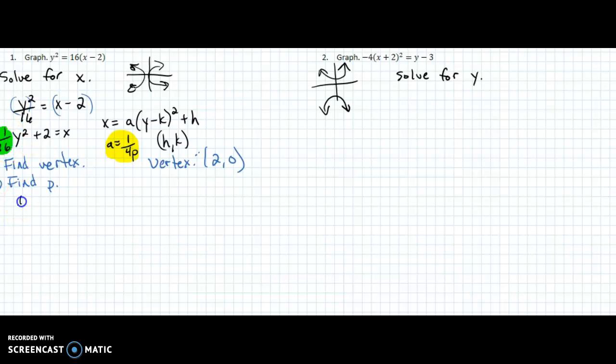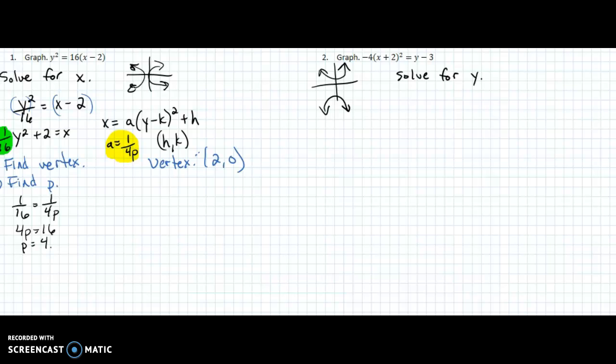So 1 over 16 is equal to 1 over 4p. You might be able to look at that and see what that is, or you may need to cross multiply. We'll cross multiply just in case you don't see it. But you get 4p is equal to 16, and so p is equal to 4. This will give you what's called the focal radius, which is just an important number. Okay, so now we're ready to start graphing, and we'll see why this number is important.